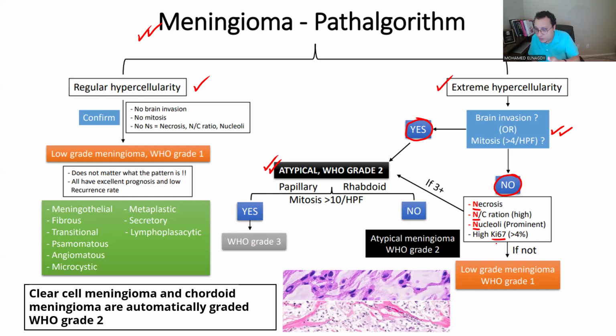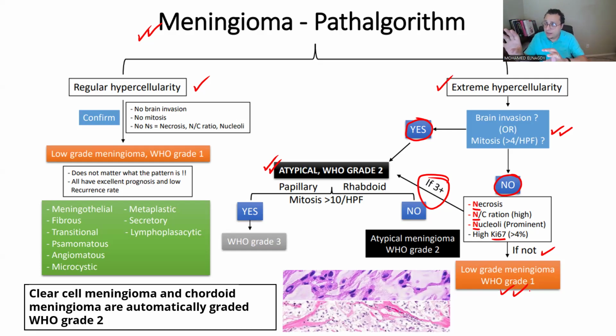So how many positives do you need to upgrade it to an atypical WHO grade 2 meningioma? You need 3 positives out of these 4. If you see only 1 of the 4, 2 out of 4, or 0 out of 4, this is not enough to call it grade 2. So it will still be a WHO grade 1, low grade meningioma. Okay, so you got it.